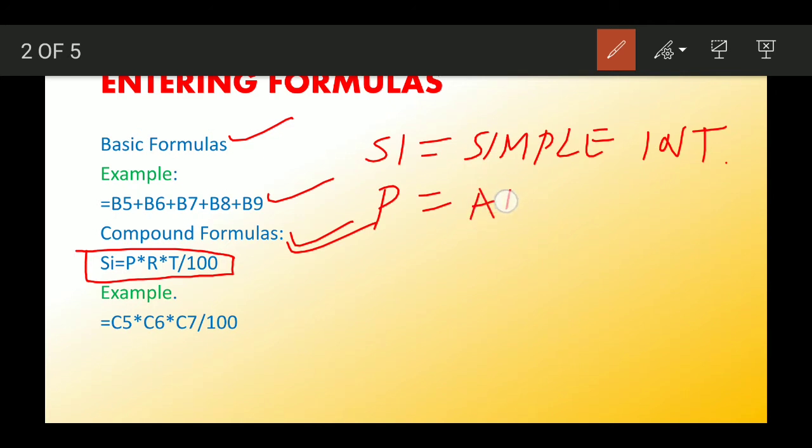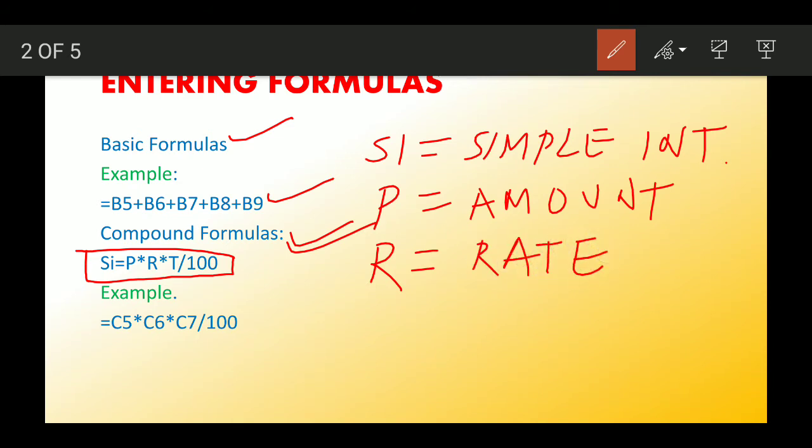R is the rate of interest, and T is time.